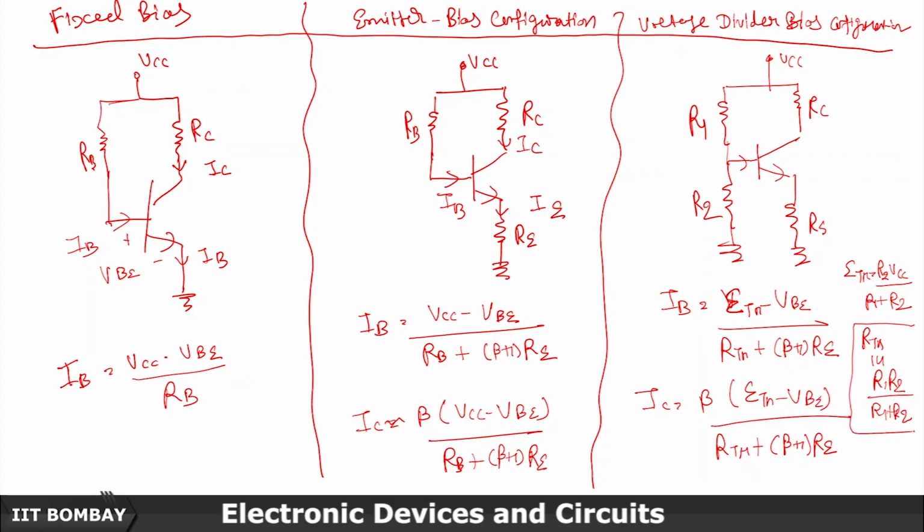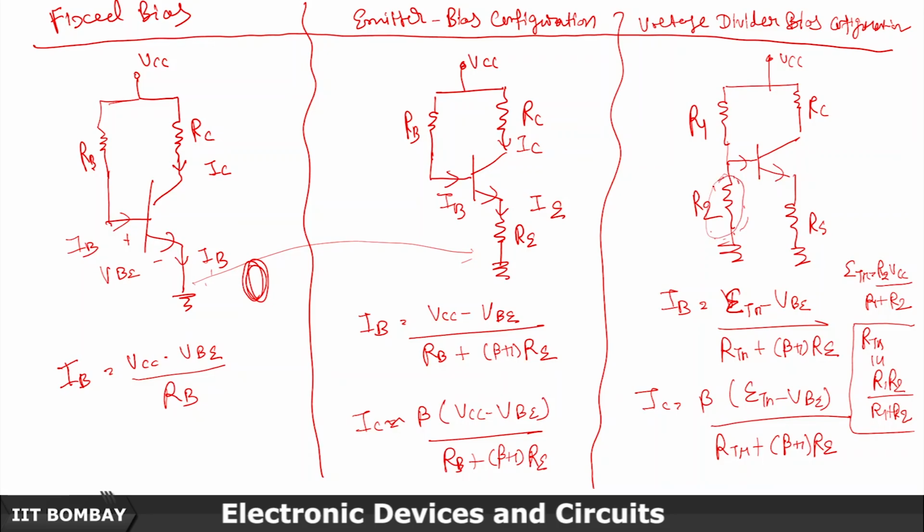Okay. So if you compare these three configurations we have discussed so far, this is fixed bias configuration, no resistance here in the emitter. The difference here is resistance here, and if you compare emitter bias configuration to the voltage divider bias configuration, there is this additional resistance. So that makes a lot of difference.